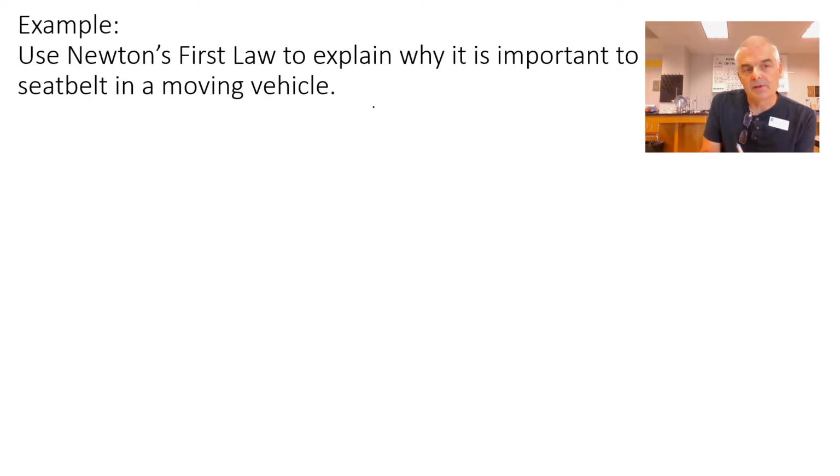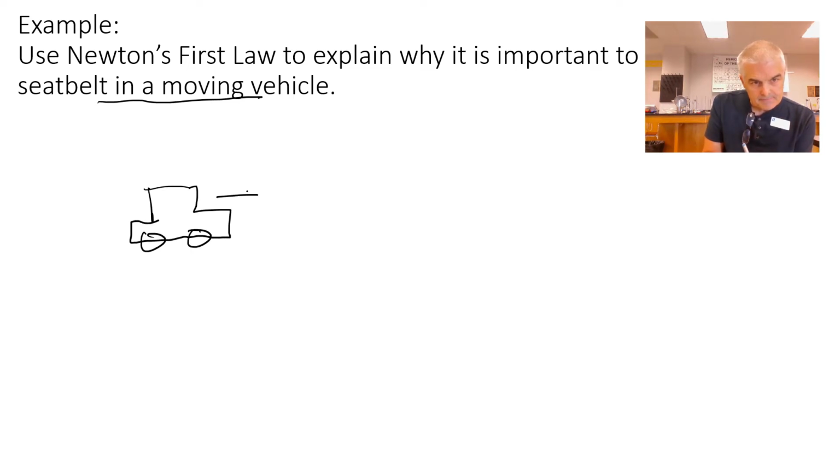So let's do an example here. We're going to use Newton's first law to explain why it's important for you to wear your seatbelt in a moving vehicle. So you're driving down the road in your car. An object in motion stays in motion. You are in the car, and so you have a particular velocity. But of course, the point of a seatbelt is to prevent you from being hurt in an accident. So what happens when the car hits something, a brick wall? Hopefully this will never happen to any of us.